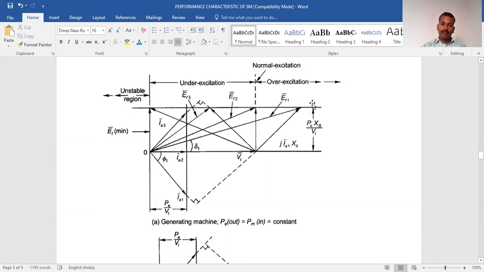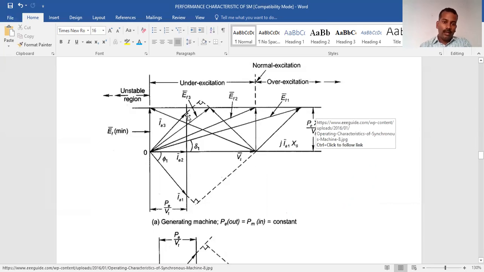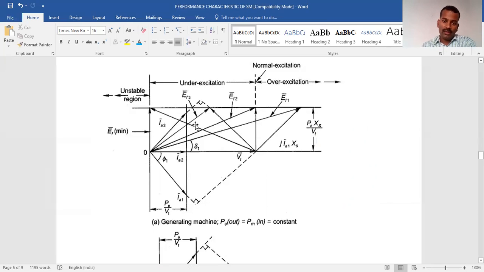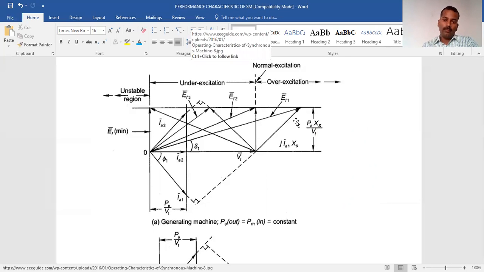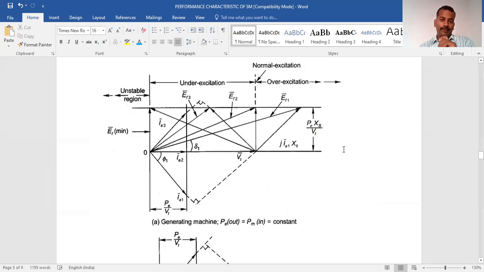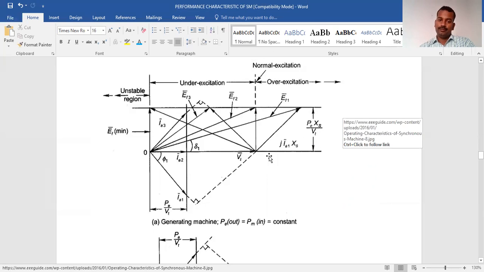E sin delta means this perpendicular component will be E sin delta. It will be constant whatever the excitation voltage, either under excited or over excited, and the product of E and sin delta will be constant, equal to P times X by VT.